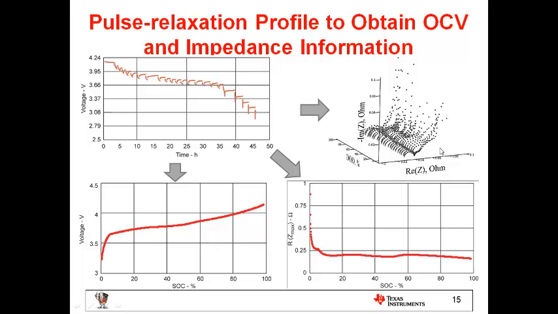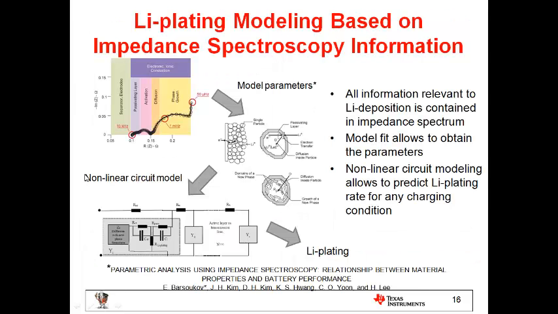And using this impedance spectra, we can derive the resistance effects on lithium plating. The impedance spectrum contains effects of various processes. You can see here, depending on the frequency you're looking at, it will correspond to the passivating layer or the electrochemical reaction, diffusion, and other low frequency processes.